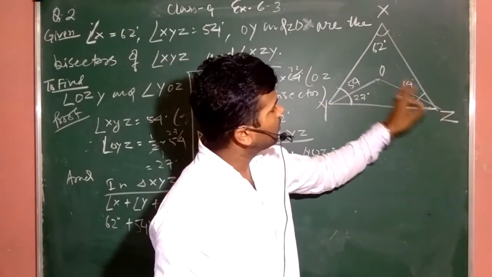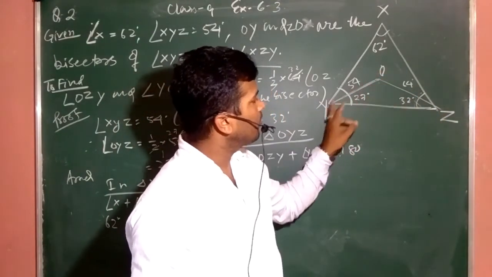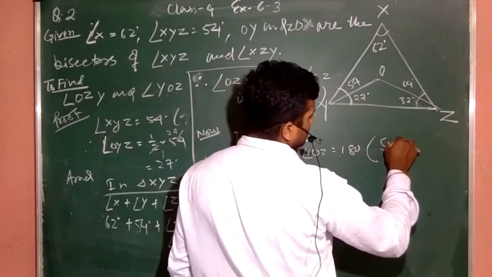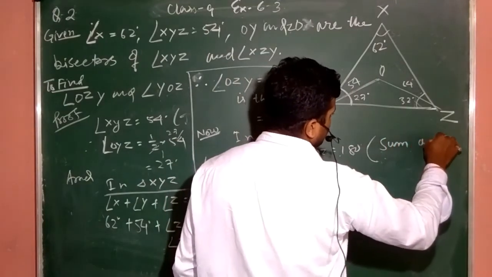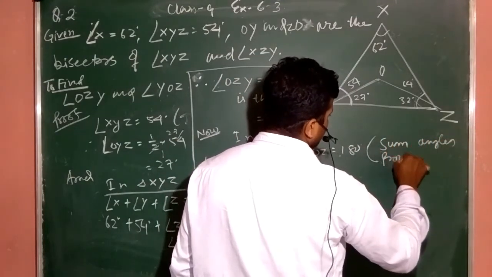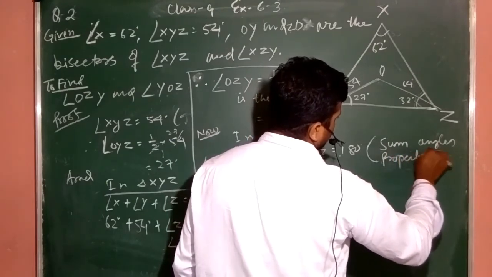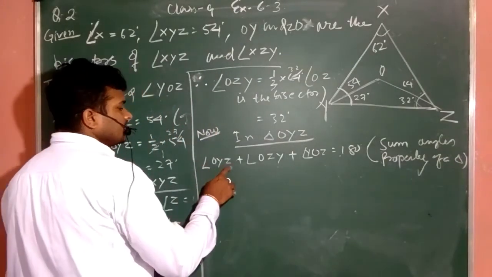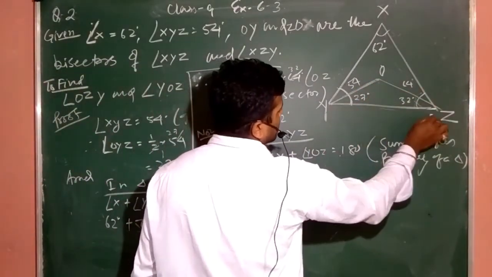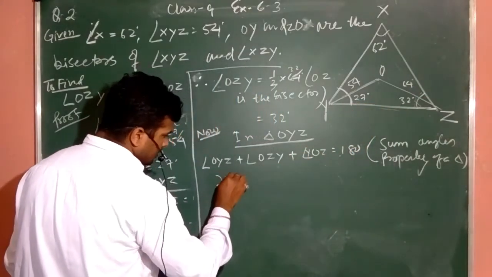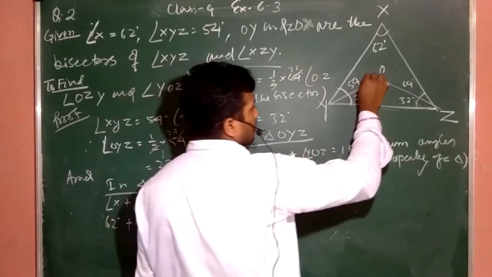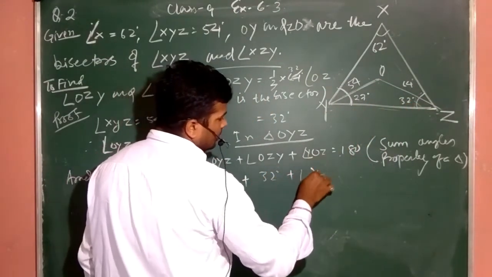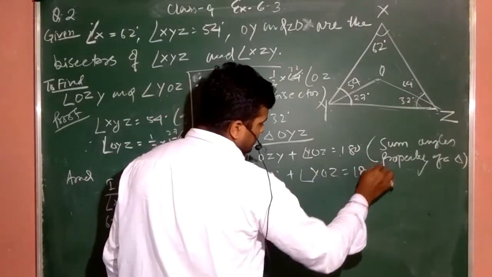Three angles are 180. What do you write here? Sum angles property of a triangle. Now OYZ is 27 degrees. OZY is 32 degrees. And YOZ, we don't know, we are searching for it.